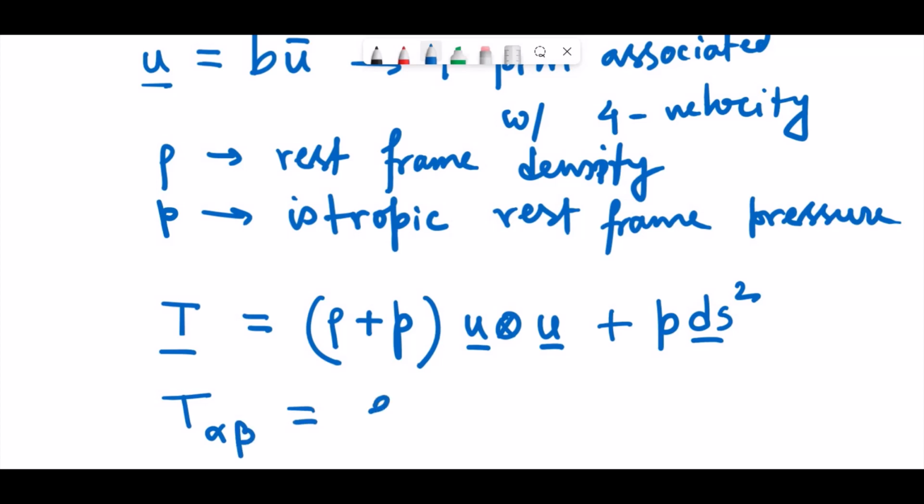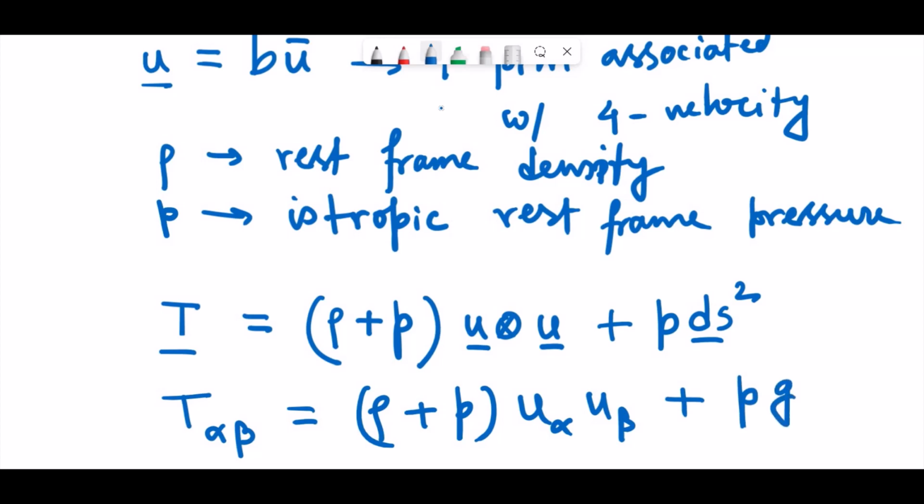So T is going to be rho plus P, and then we have U alpha U beta plus P multiplied with G alpha beta. Now, this makes it enormously easier for us to study different components of it.